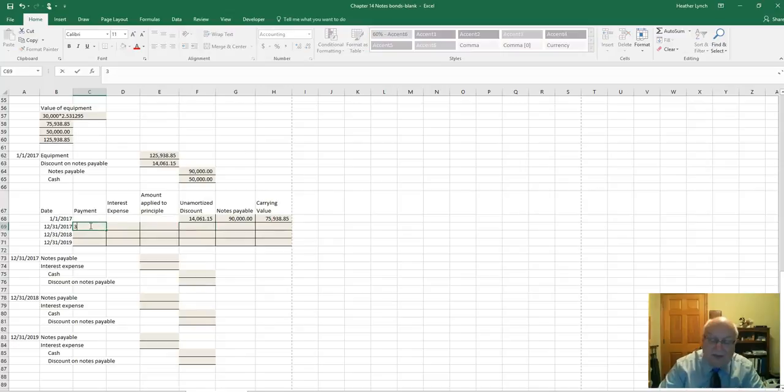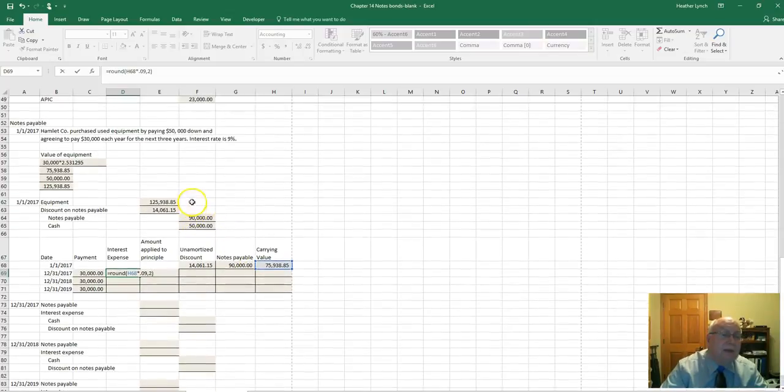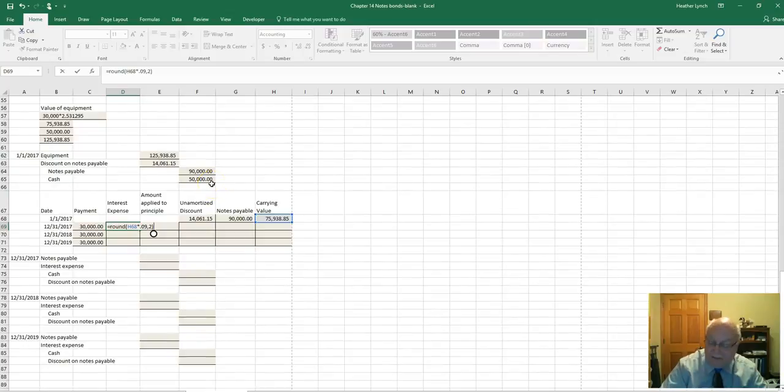Okay, and this is a set dollar amount that we do each year, 30,000. The interest expense will equal the 75,000 times 0.09, because it was given in the problem, it was a 9% interest rate.